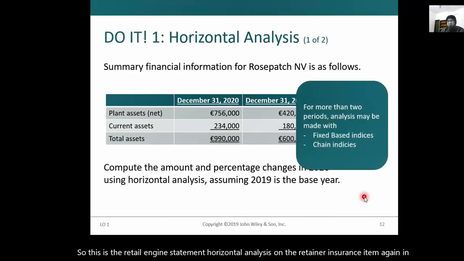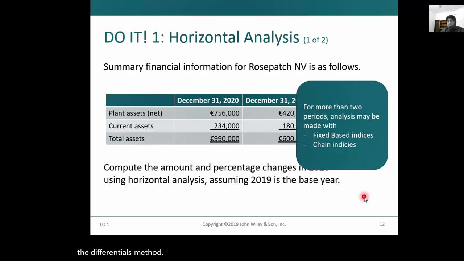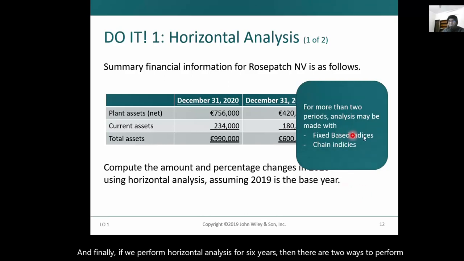And finally, if we perform horizontal analysis for 6 years, then there are two ways to perform horizontal analysis. One is that we take 1 year as a fixed base year. So for example, the first year of the 6 years, we take it that it's 100 and compute the differences of every other year with respect to that fixed year, right? The other way is what is called chain indices, right? Chain index numbers.